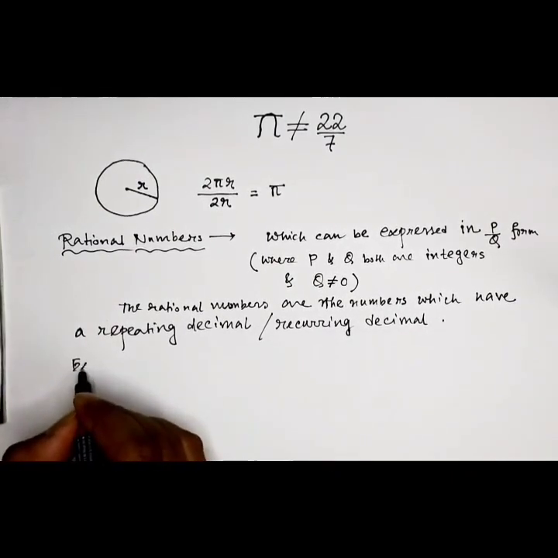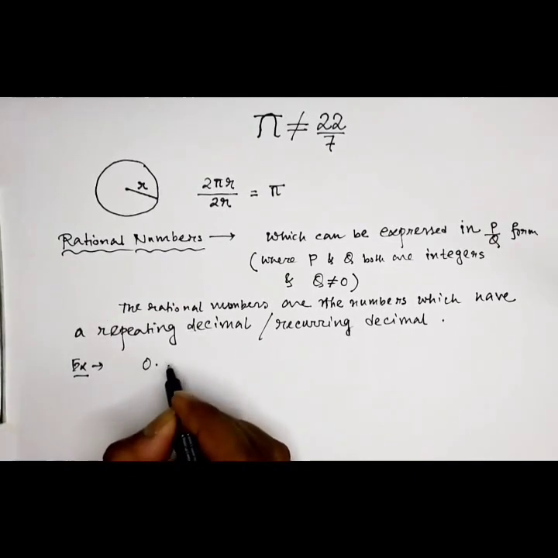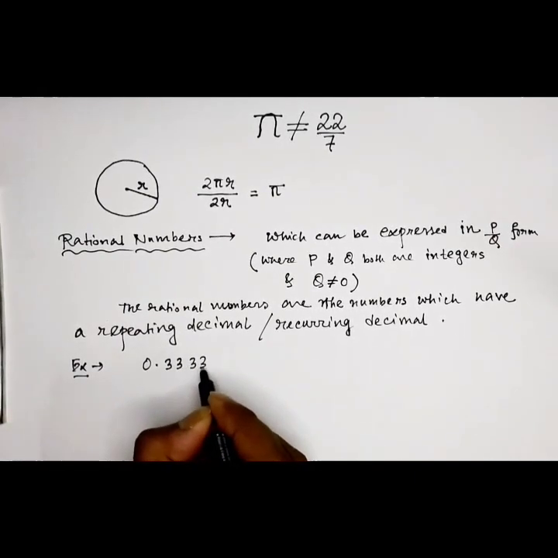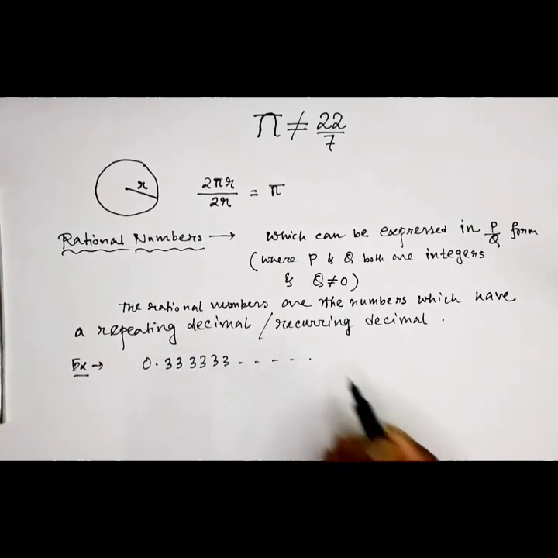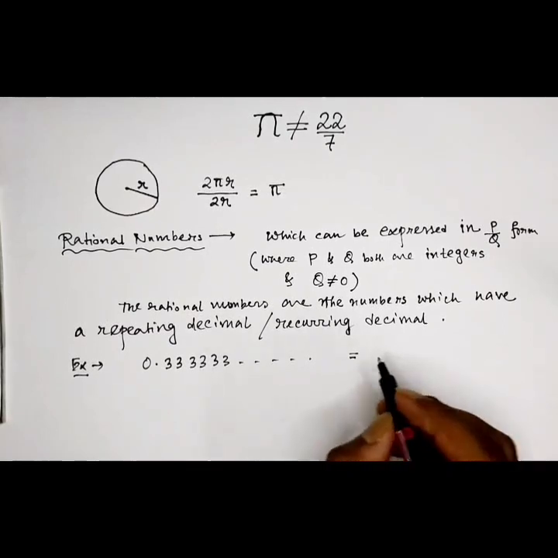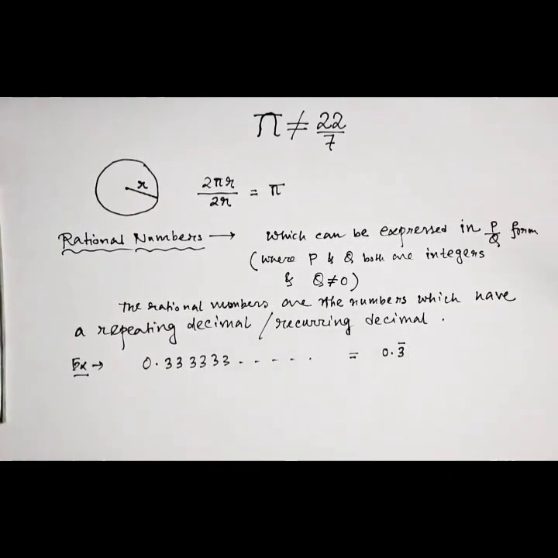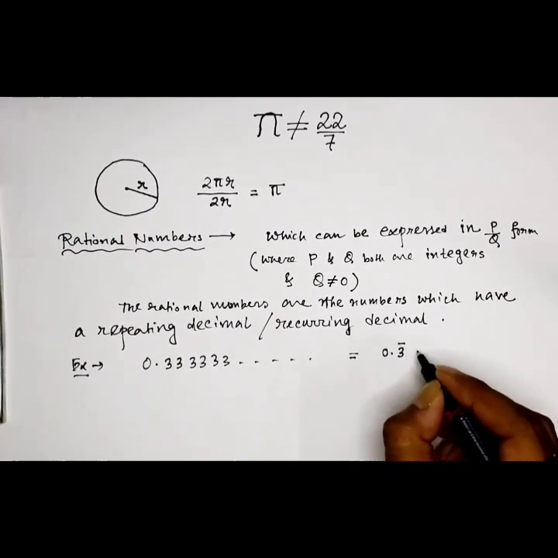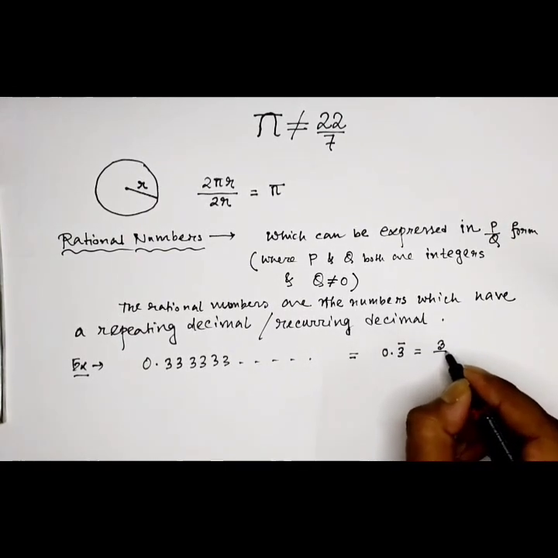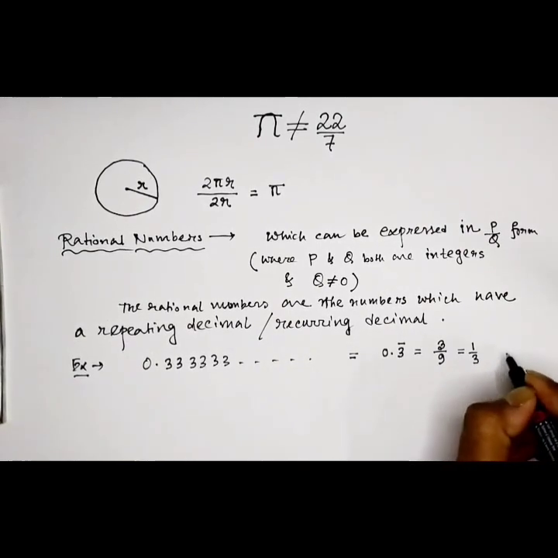For example, 0.333333 and so on. It is a rational number which can be expressed as 0.3 bar. And this 0.3 bar can be expressed as 3 by 9 or 1 by 3.